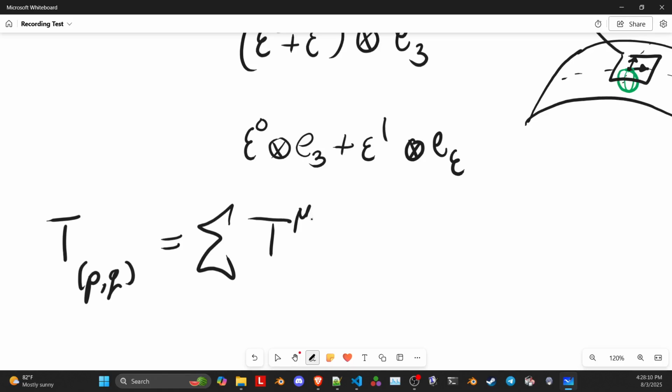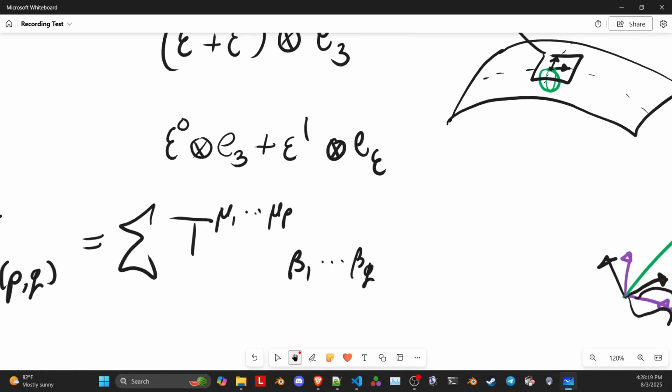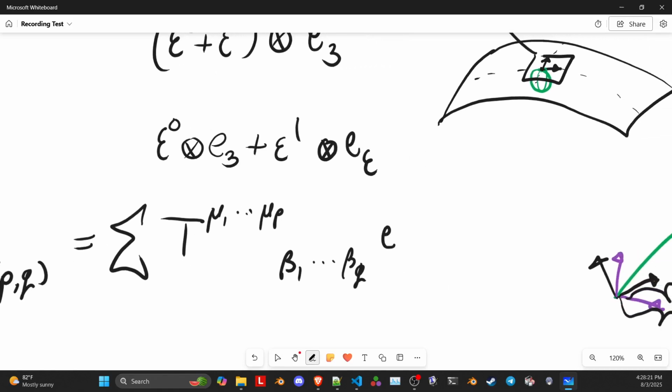So we'll do mu1, mu p, and beta 1, beta q. And we have a big product here. E mu1 tensor E mu p tensor epsilon, and the index is up again, beta 1.